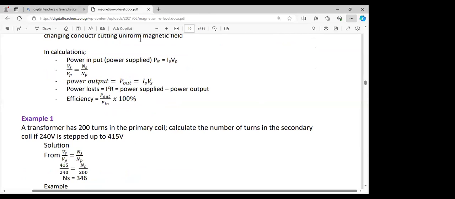Someone to give us the answer. Because here I'm seeing 346, but they might have rounded off, if I'm not mistaken. So which one do we have as the answer?